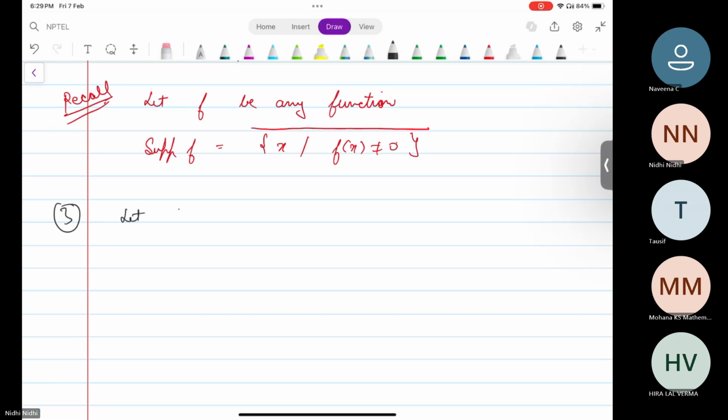Let C_c(R) be the set of all those functions such that f is continuous and has compact support.